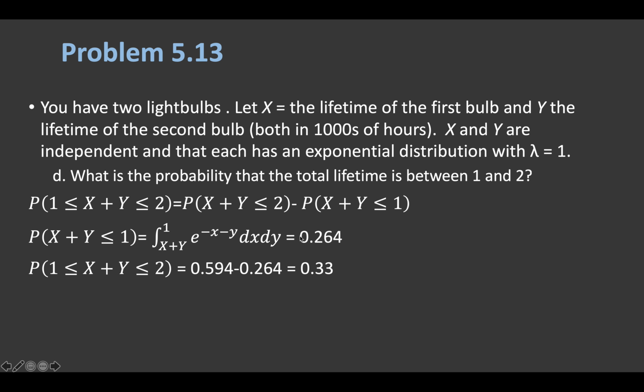Then we put this value and the previous value into this equation: 0.594 minus 0.264 gives us 0.333. So that's the probability of the two light bulbs lasting more than 1,000 hours but shorter than 2,000 hours. That's basically 33%.